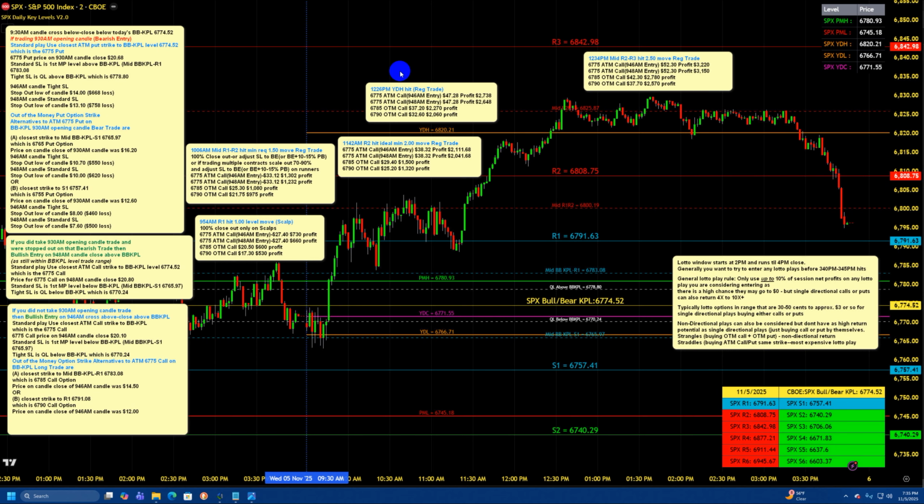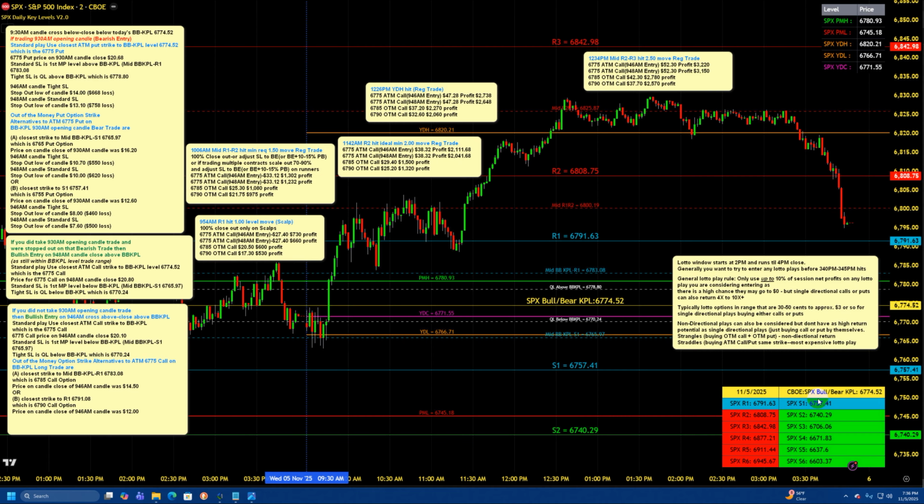Okay, so the way this indicator works is that at 9:30 a.m. Eastern New York time, you will get the daily updated key levels on your CBOE SPX chart. The main key levels are your bull bear key price level, the R1 through R6 main levels, and the S1 through S6 main levels.